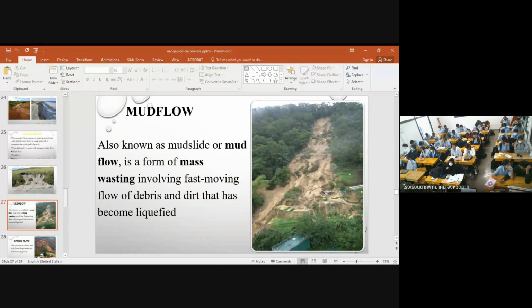Mass wasting involving fast moving flow of debris and dirt that has become liquefied.